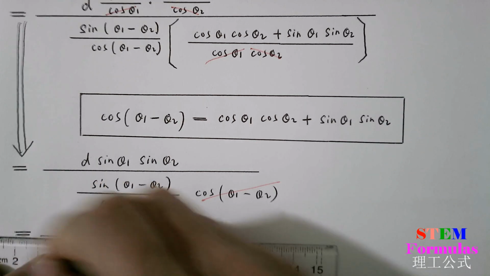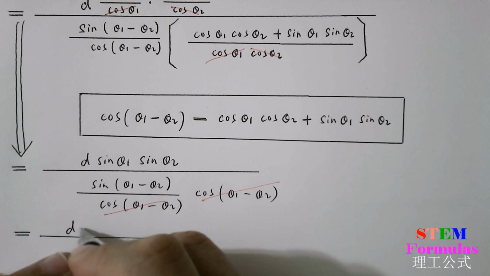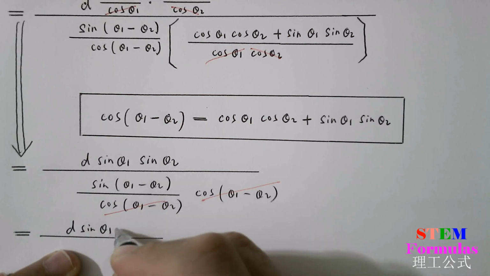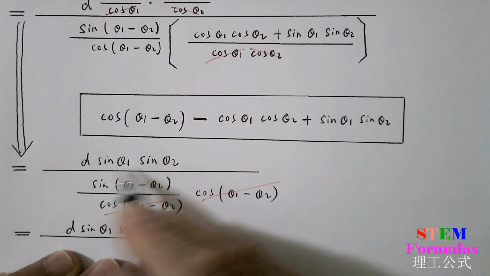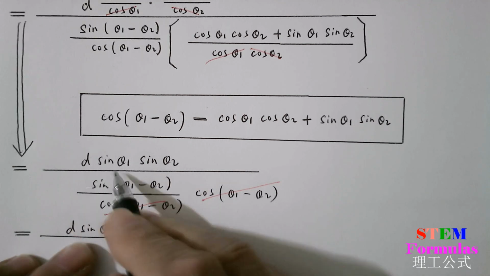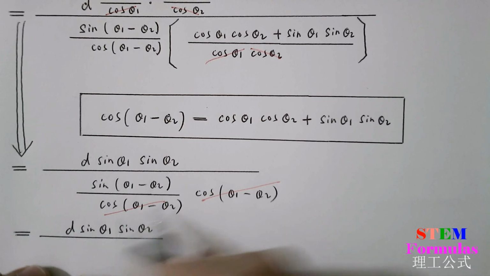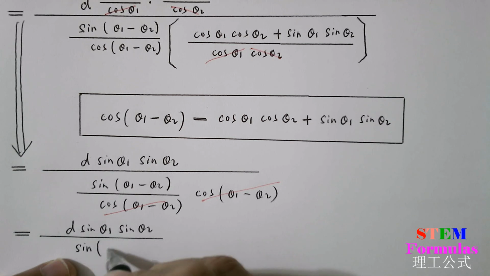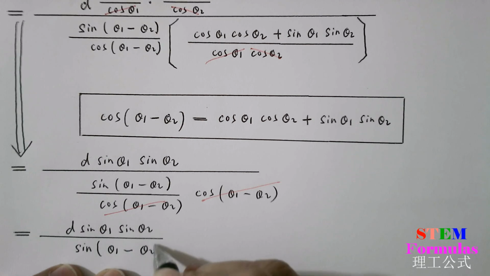So what remains is d sine theta 1 sine theta 2 on the top, and on the bottom I have sine (theta 1 minus theta 2).